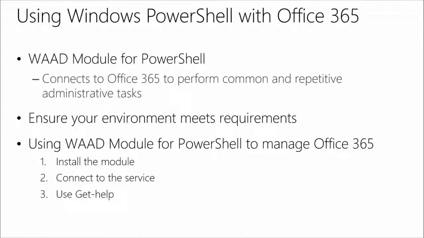So when we're using PowerShell with Office 365, it's of course the Windows Azure Active Directory module for PowerShell. I am expecting that will be renamed because it's now called Microsoft Azure, a branding change there. But at the moment if you download it from the Microsoft website, you'll find it's the Windows Azure Active Directory module. It's a module for PowerShell, bearing in mind that you generally run it using administrative rights on your local machine.